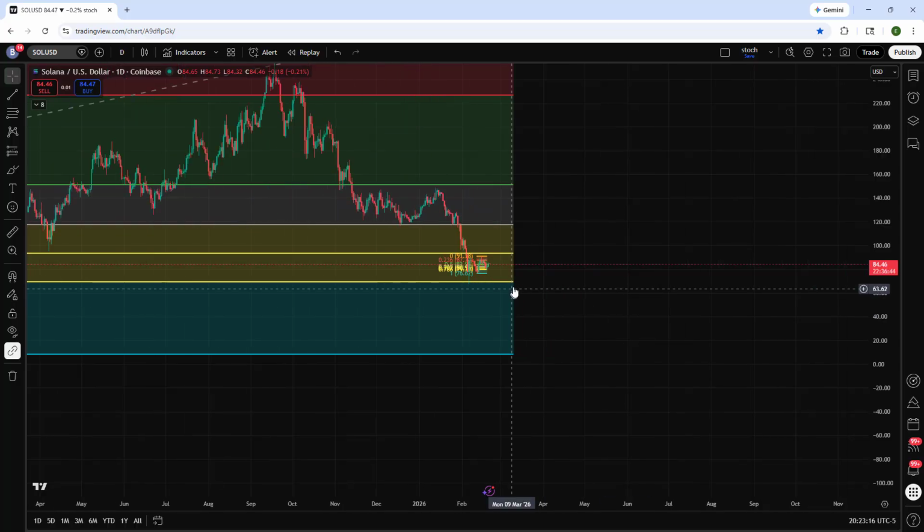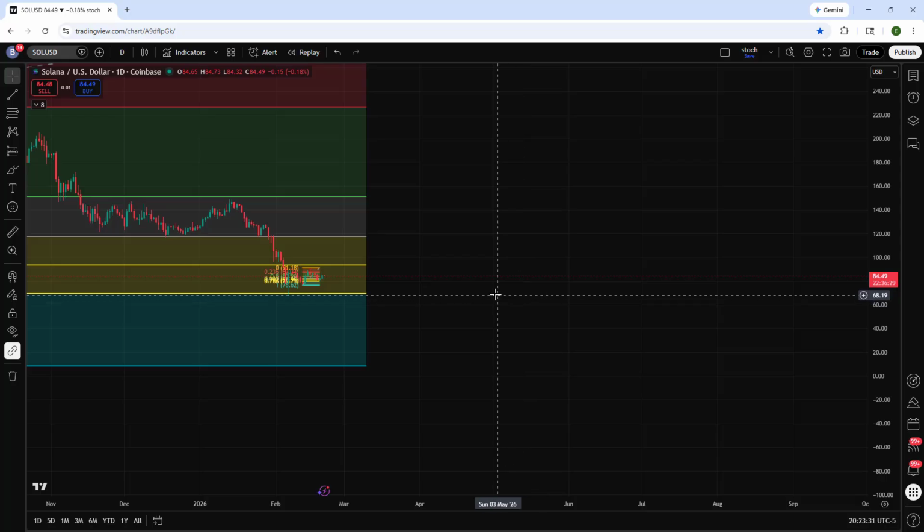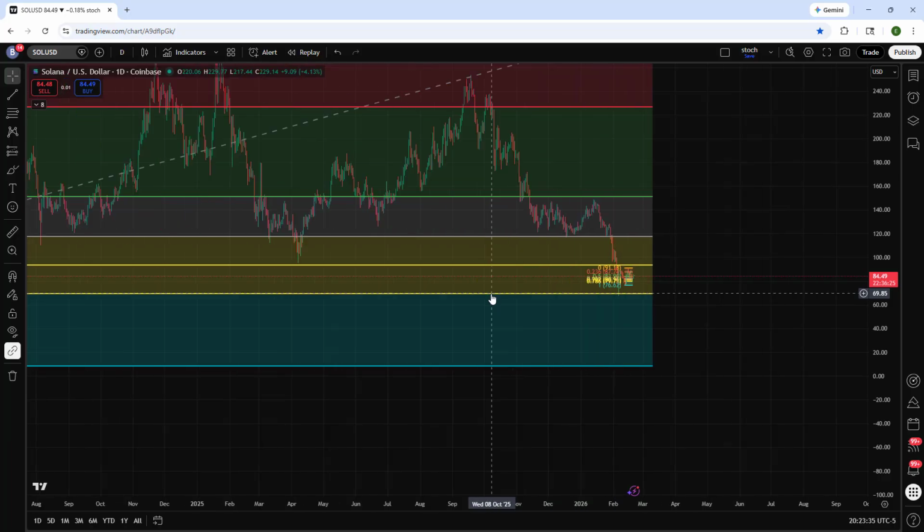First of all, you would have just bought it at $69.85. Alone, you're up 20%. If you used leverage, forget it. You would have got in at $69.85 and you're at $84.49.